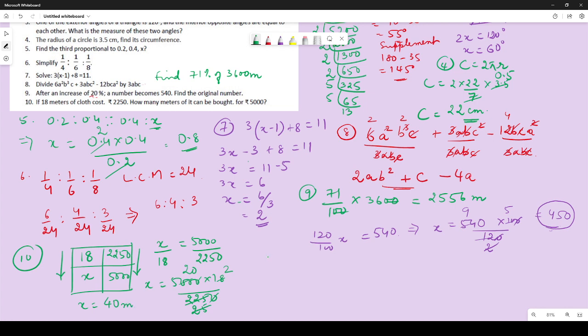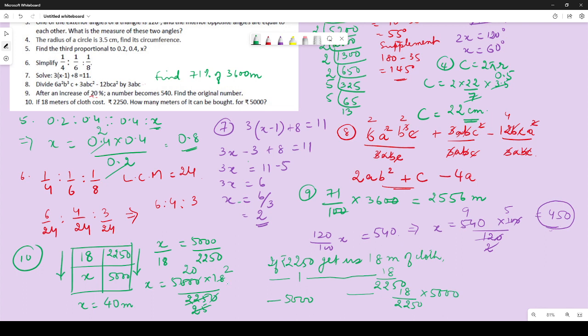Now if you are doing it in the unitary method, then you say if 2250 rupees get us 18 meters of cloth, then 1 rupee will get us 18 by 2250 meters of cloth, and 5,000 rupees will get us 18 by 2250 into 5,000.